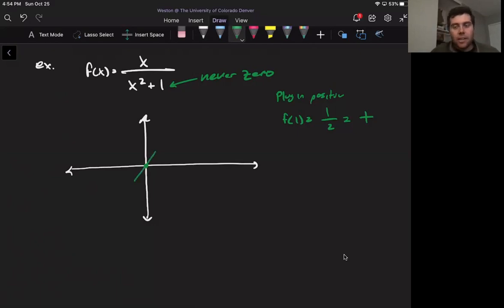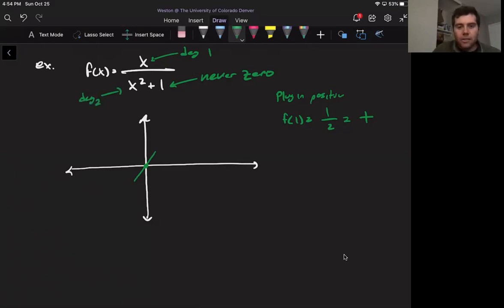So on the negative side, it's always going to be negative. And by our rule above, the degree of x is 1 and the degree of the denominator is 2.